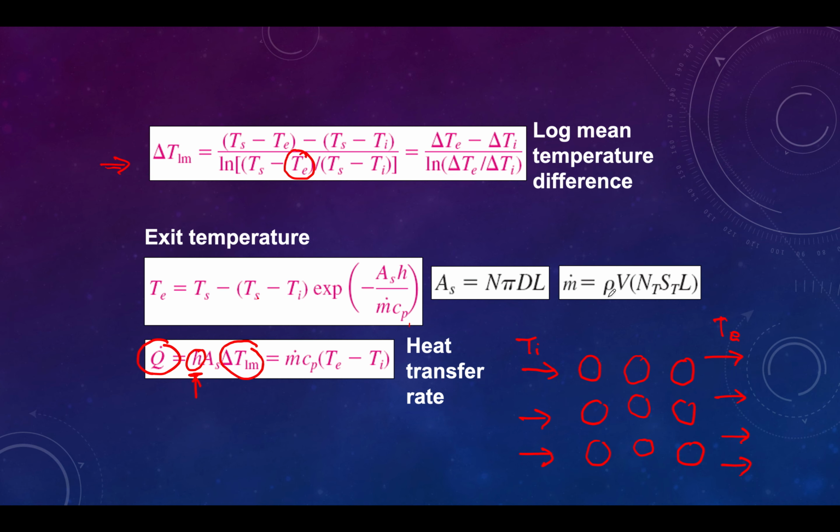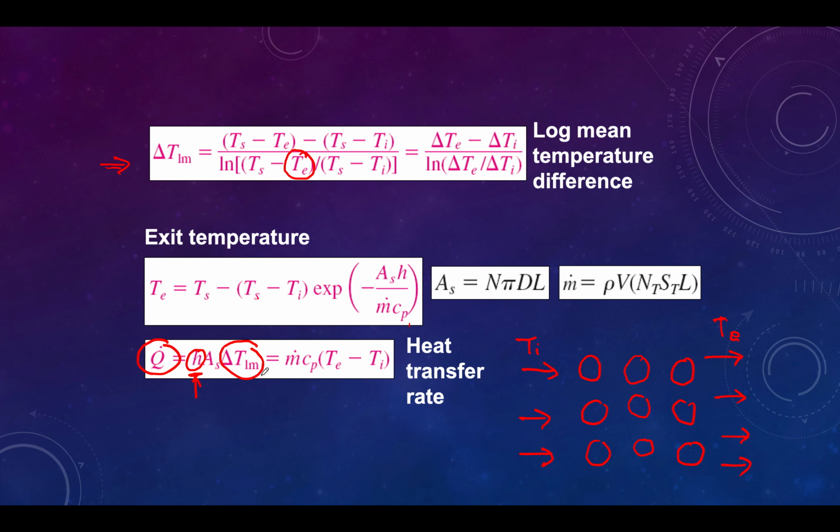For the mass flow rate, rho V and ST L. I will explain more on the mass flow rate in the example, because if I tell you here, it will be difficult to explain the mass flow rate. Therefore, I will bring the explanation for mass flow rate into our example video.